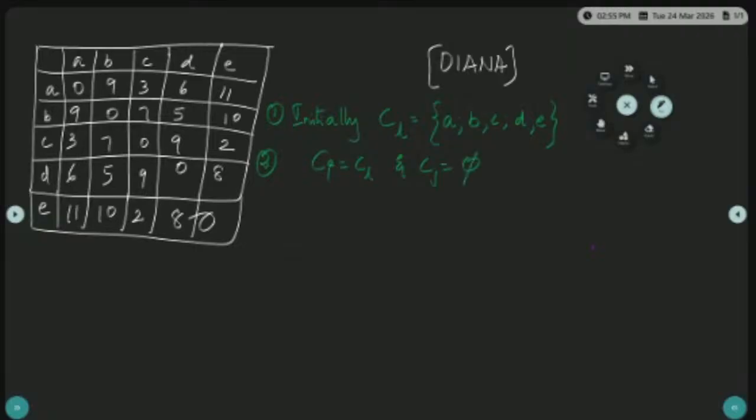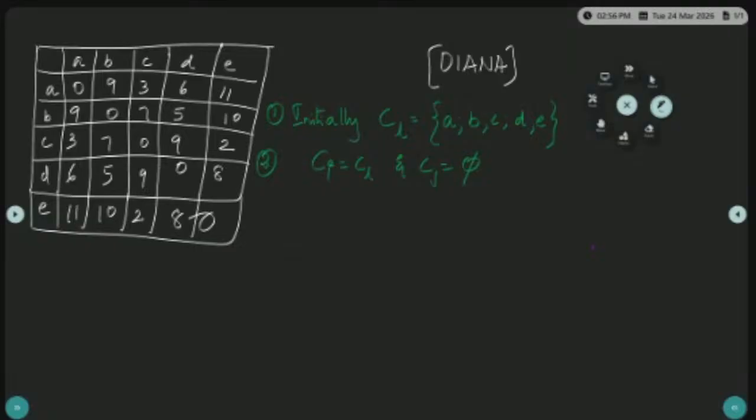Next, second step. First, we have to divide the original cluster into two clusters. We are telling that all these data points are the original cluster, and we have to divide it into two clusters, because here we are taking k equal to 2.